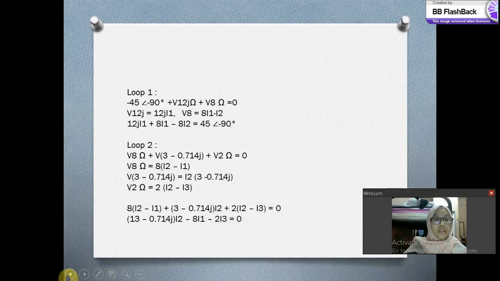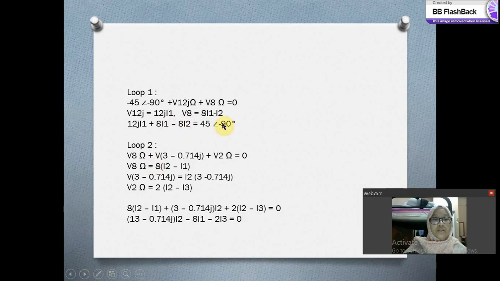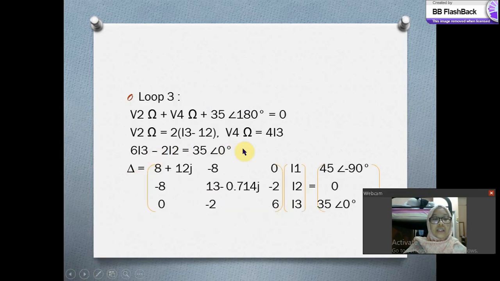So basically there are 3 loops, 1, 2 and 3. So this is the equation for loop number 1, loop number 2 and loop number 3. In order to find I1, I2, I3, we are going to use Cramer's rule matrices so that we can find the determinant for I1, I2 and I3.